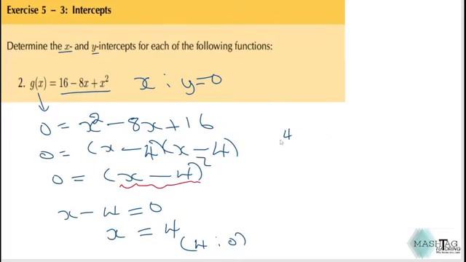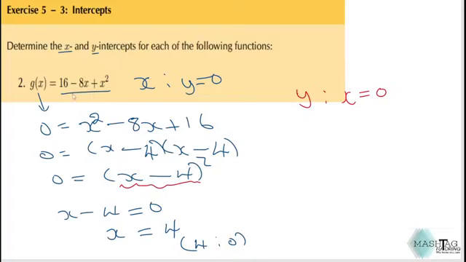Now we are looking at the y-intercept. Remember, when you say y-intercept, you obviously have to put your x to 0.